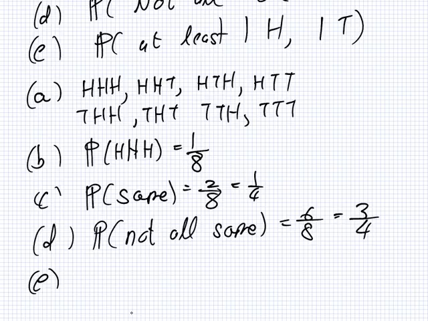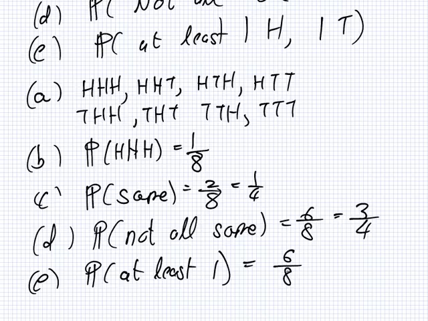6 over 8. At least 1 of each. It's actually the same as the last one. The reason I did that on purpose is to show you that sometimes the wording in the question might seem a little bit strange, and it's important that you feel comfortable enough changing the words in your mind for what they mean.